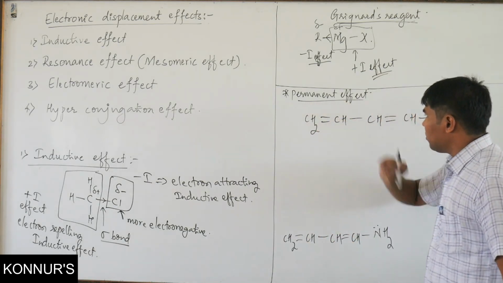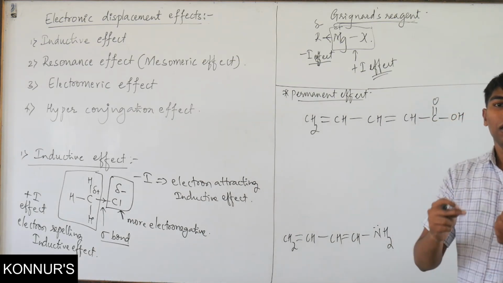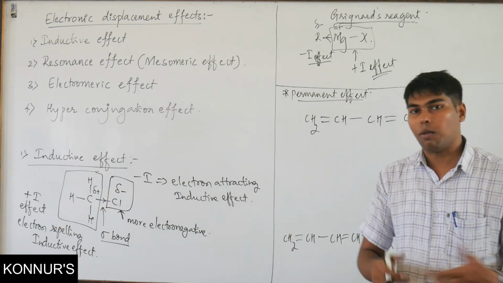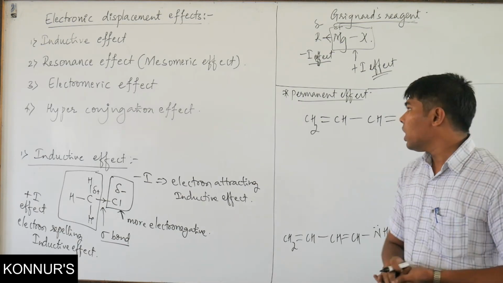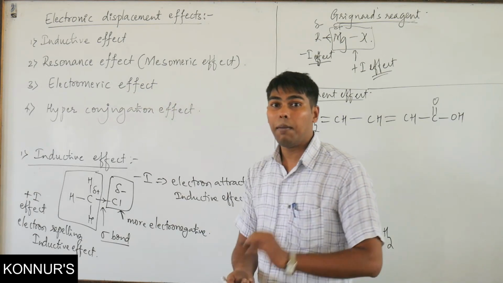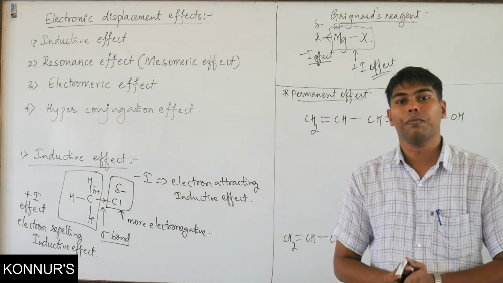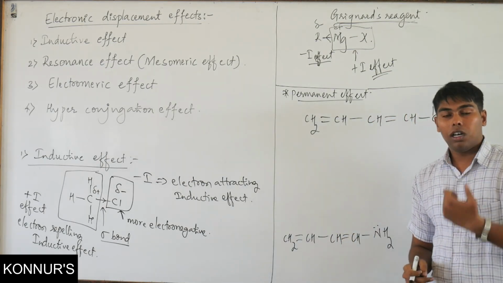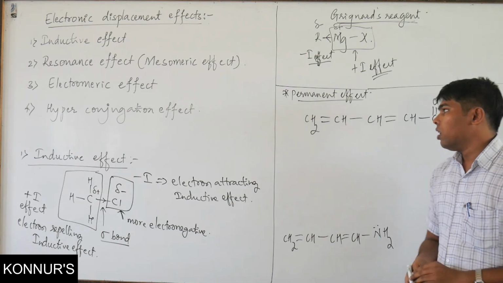So a permanent effect, where the polarity is produced inside the molecule due to interaction of pi electrons, pi bond and pi bond, or pi bond and lone pair. The resonance or mesomeric effect is a permanent effect of producing the polarity inside the molecule, where there is an interaction between two pi bonds or one pi bond and a lone pair.